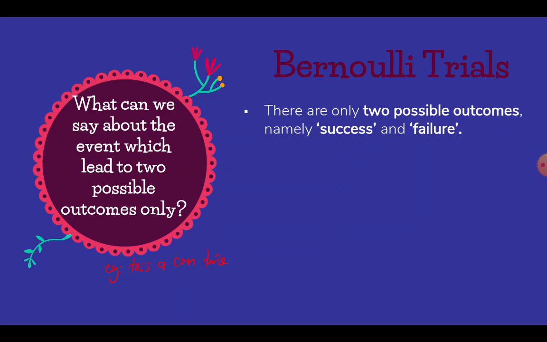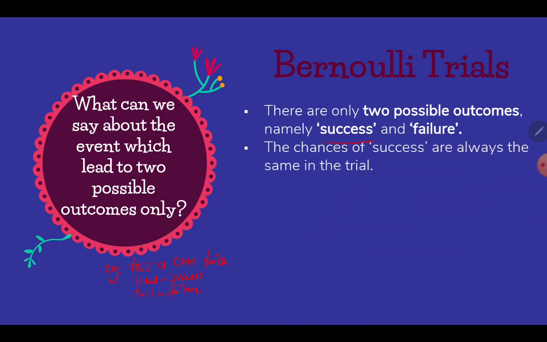So head in this case is considered as success, and tail is a failure. Next, the chances of success are always the same in the trial. So let's say twice. If we draw the tree diagram, we have head, tail, and then of course the second one will be head, tail, like this, right?